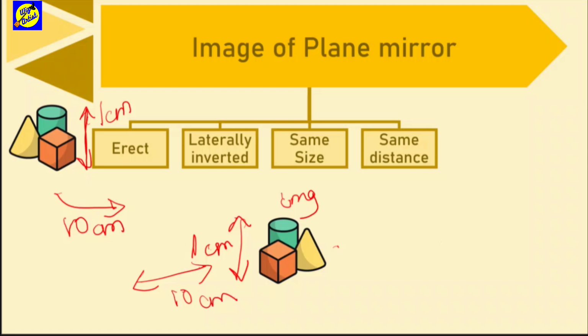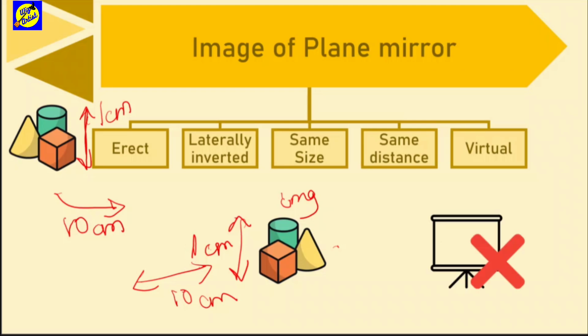Object 10 centimeter in front of the mirror and the image 10 centimeter behind the mirror. And the image that is formed is virtual. We have already learned what virtual images mean in our earlier classes. Simply, it means an image that cannot be obtained on a screen. And on the contrary, what do we call images that can be obtained on a screen? Yes, a real image can be obtained on a screen, but real images are not formed by plane mirrors. Plane mirrors form virtual images.